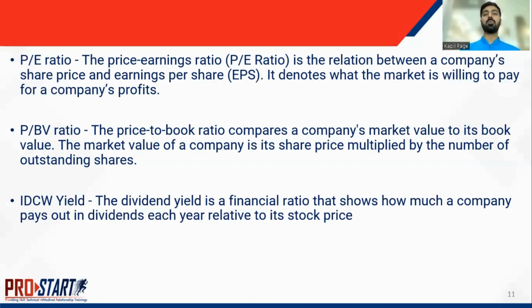People who need income, who want higher and higher income, will opt for a high IDCW yield. But investors who want capital appreciation might look for a low IDCW yield. They might look to invest in a growth style mutual fund, which has very low IDCW yield, so that their capital appreciates over time. They don't want any kind of income or dividend coming to them.